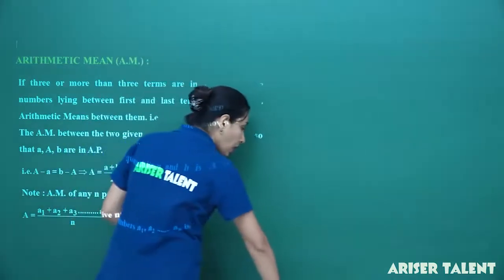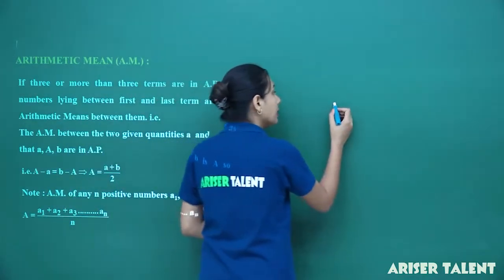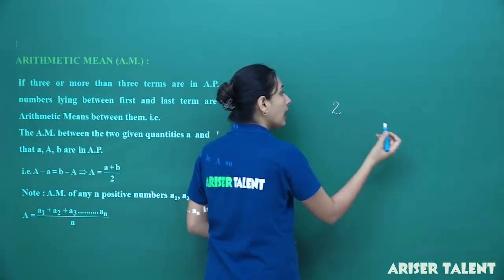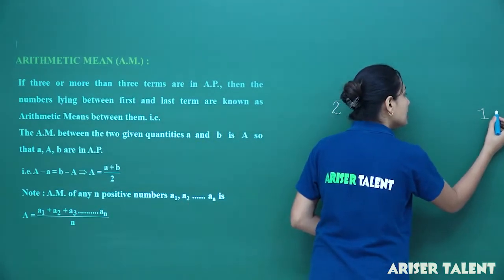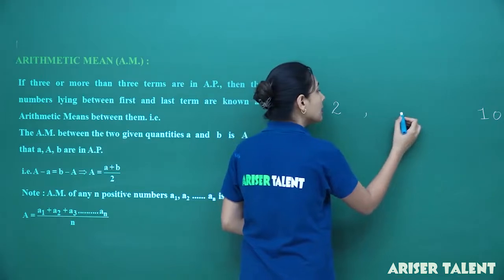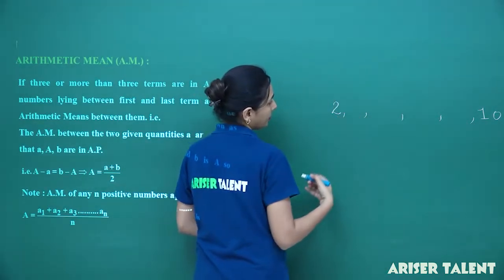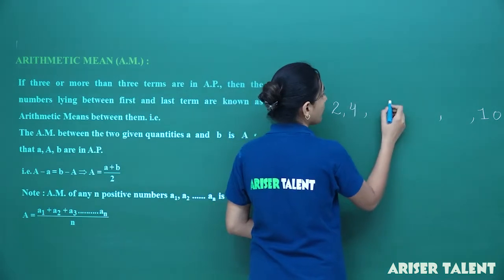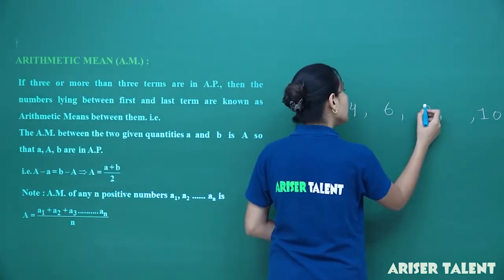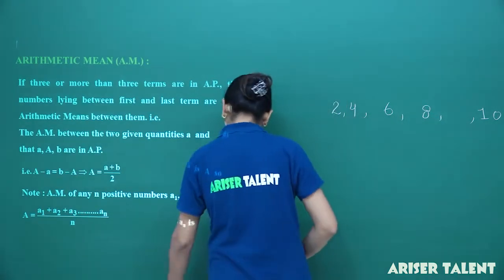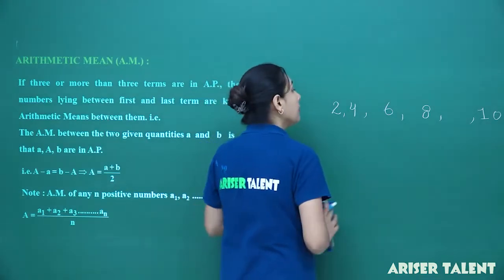That means if number A is 2 and number B is 10 and I am inserting some numbers between them like 4, 6, 8.